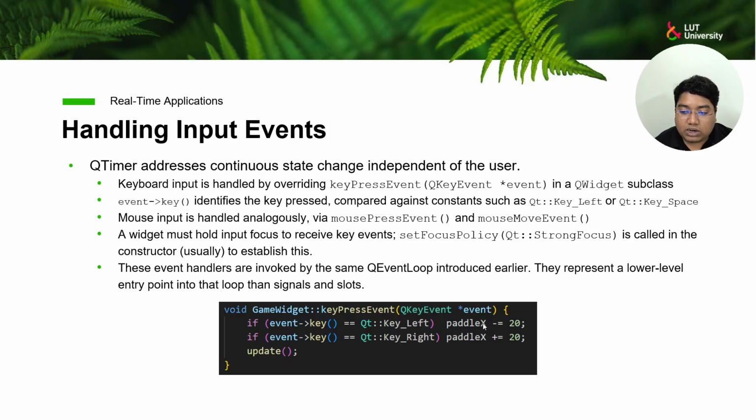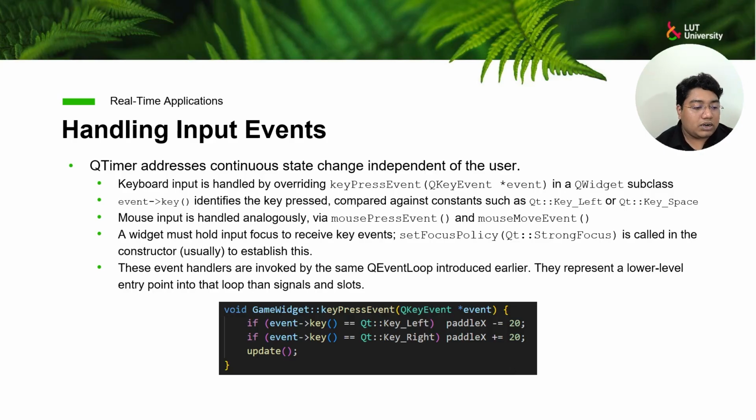So this one is just the paddleX variable, but from the naming convention we could imagine that there's a paddle in a game which will move on the x-axis to the left by 20 pixels, and this one here, the paddle will move on the x-axis to the right direction.